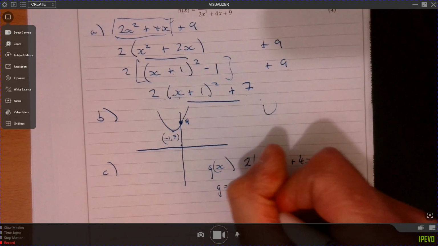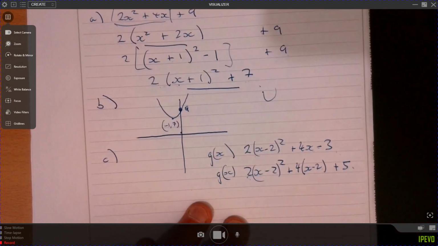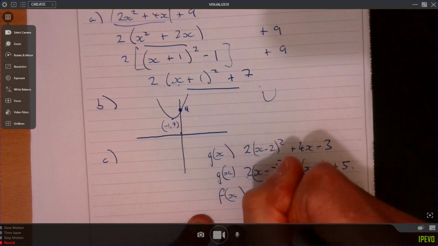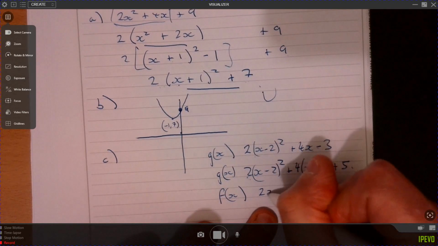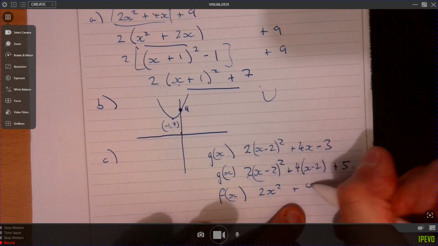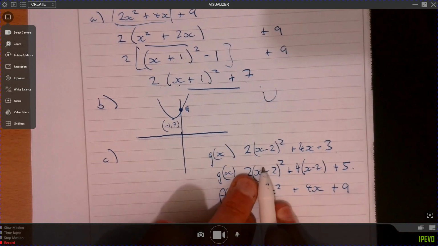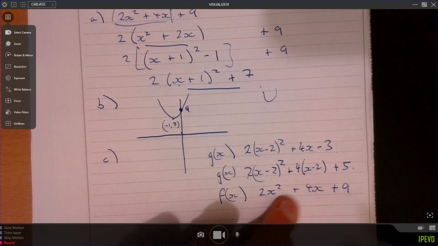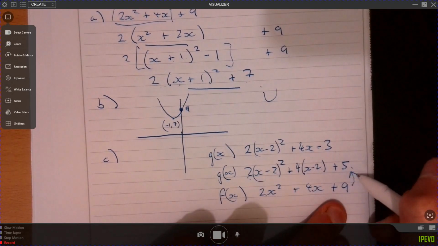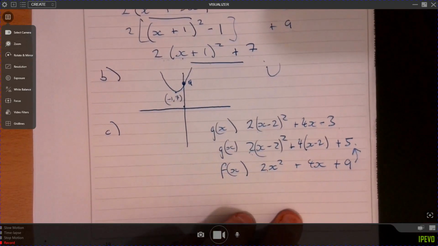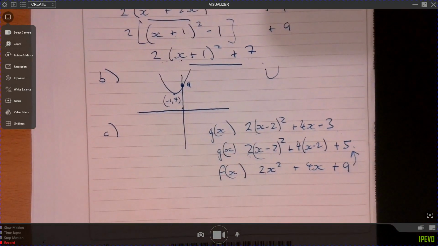Now if we have a quick look at the function of x, just write that underneath. You've got 2x squared plus 4x plus 9. What's the difference to go from here to here? Well, it's the x minus 2, and I'm going to be taking away 4.